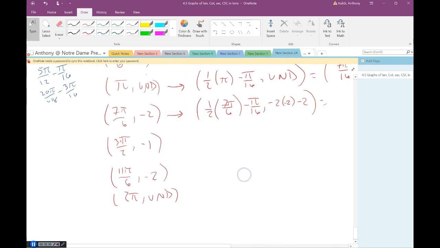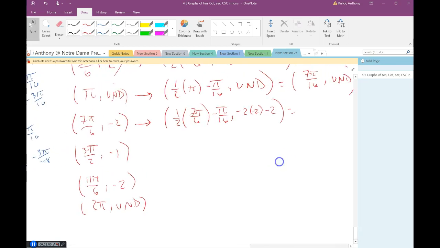So let's see what we have here. We have 7 pi over 12 minus pi over 16. The common denominator here is going to again be 48. We've seen this a couple of times now. So that's going to be 25 pi over 48, and then 0.